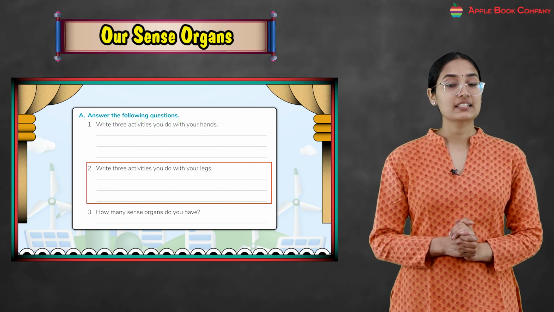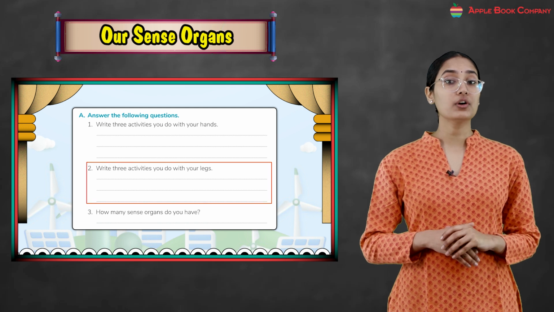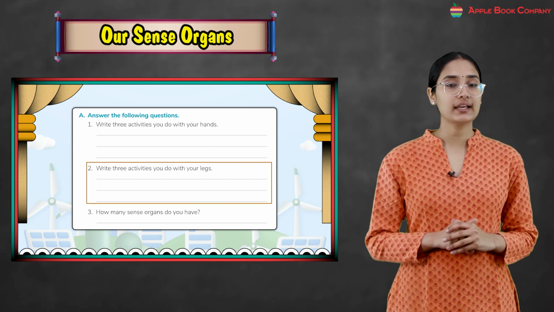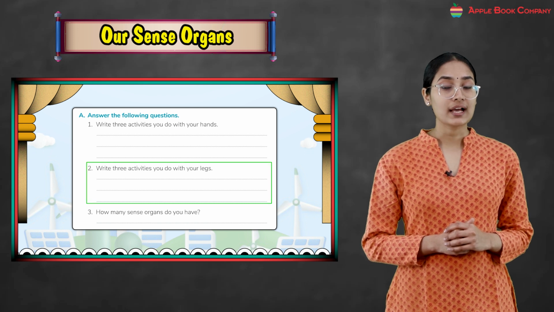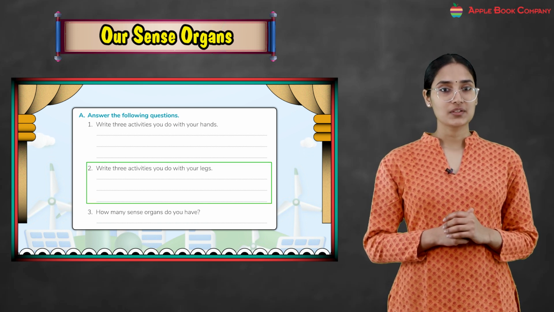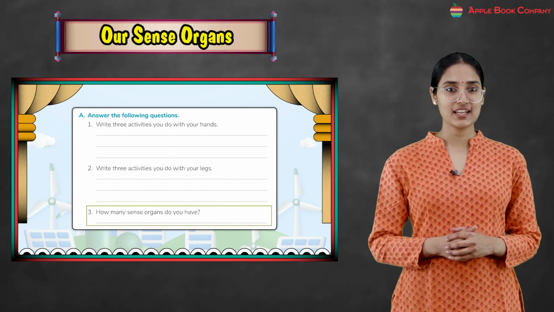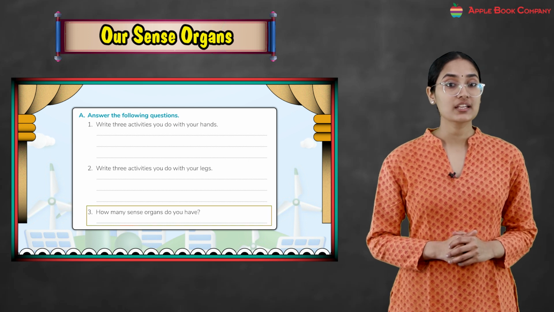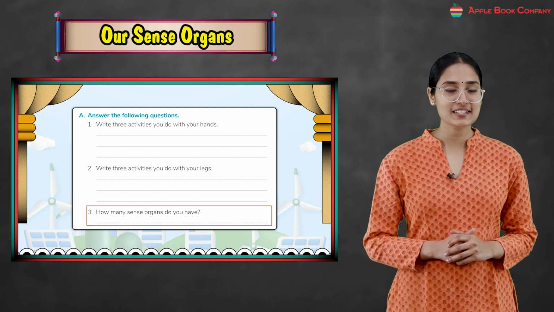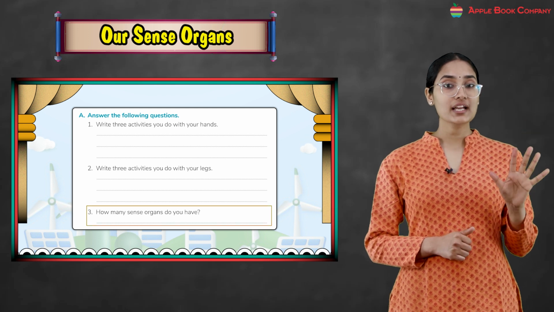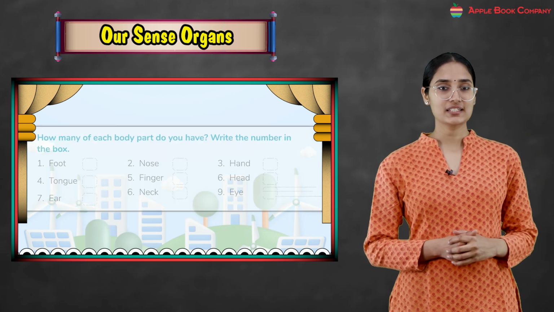Second is, write 3 activities you do with your legs. So using legs, we walk, we run, and we what? Skip, right? Now third question is, how many sense organs do you have? So kids, we have 5 sense organs, right?